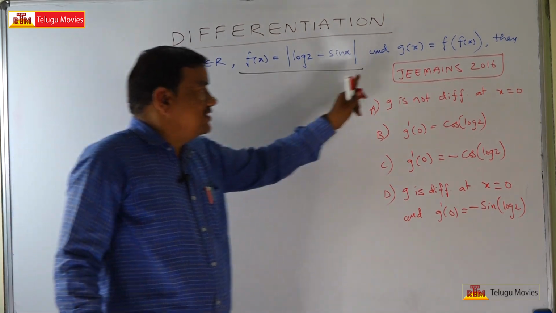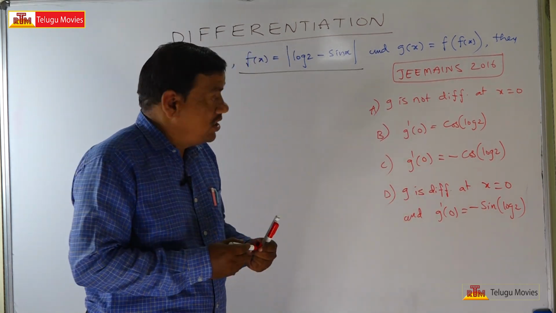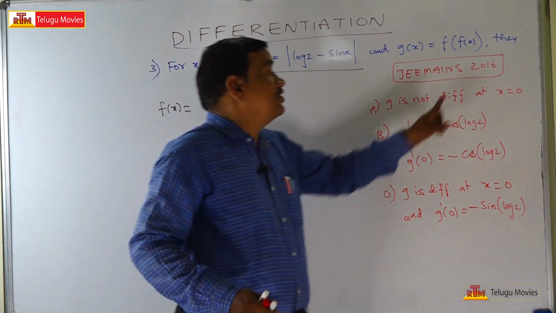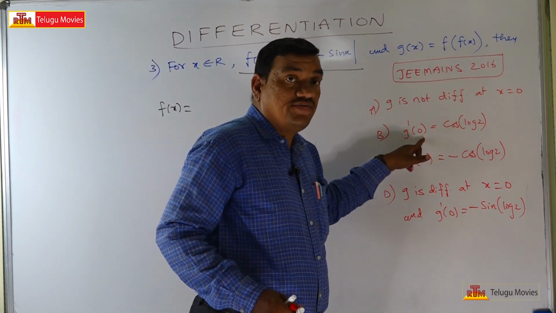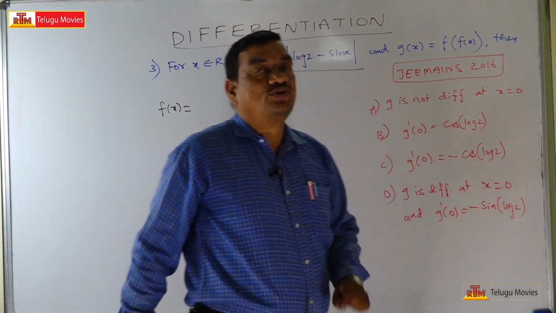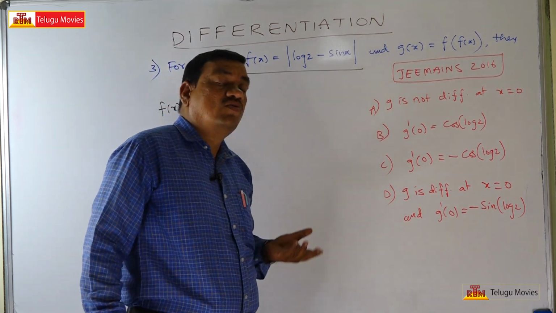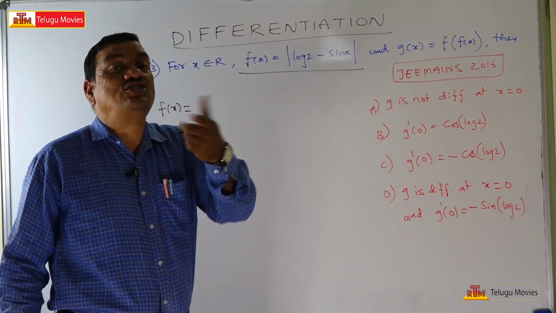If you observe, see the options here. Here you have to concentrate more on the options. The first thing is at 0, g dash of 0, differentiable at x is equal to 0. That means you have to check the differentiability at 0.